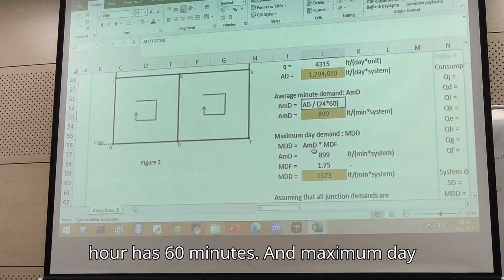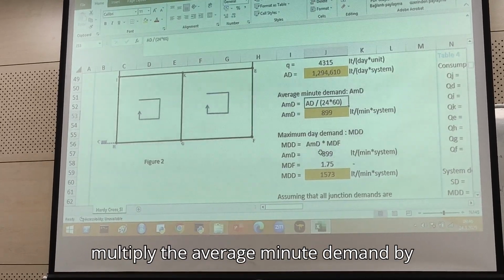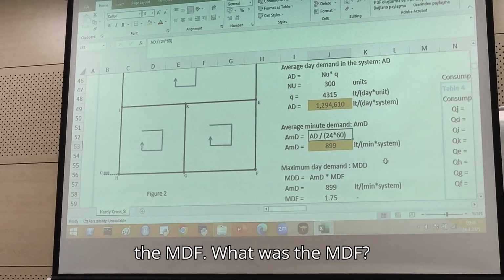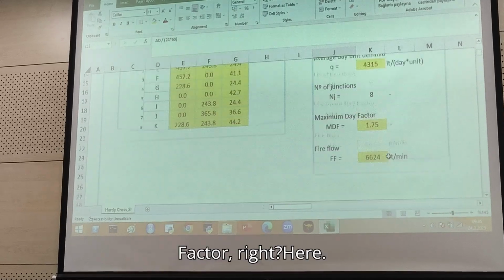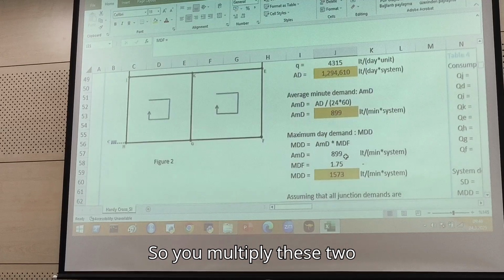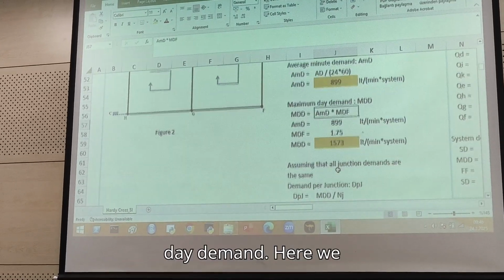Maximum day demand, how is it calculated? You need to multiply the average minute demand by the MDF. What was the MDF? Maximum day factor, right? Here. So you multiply these two parameters to find out the maximum day demand.